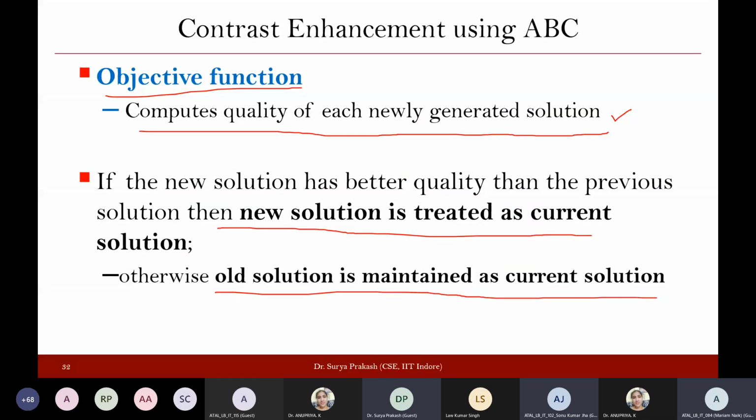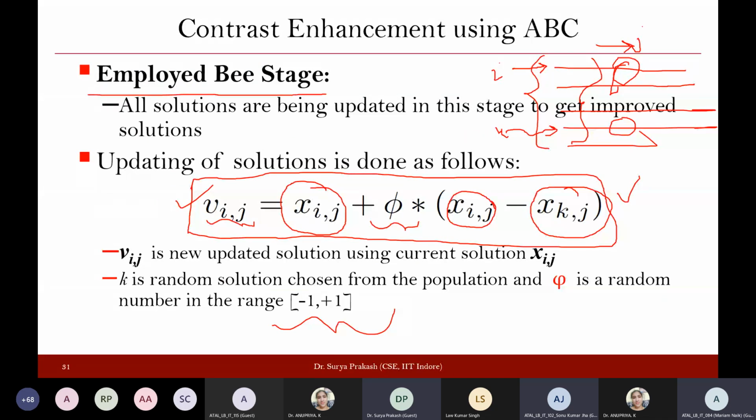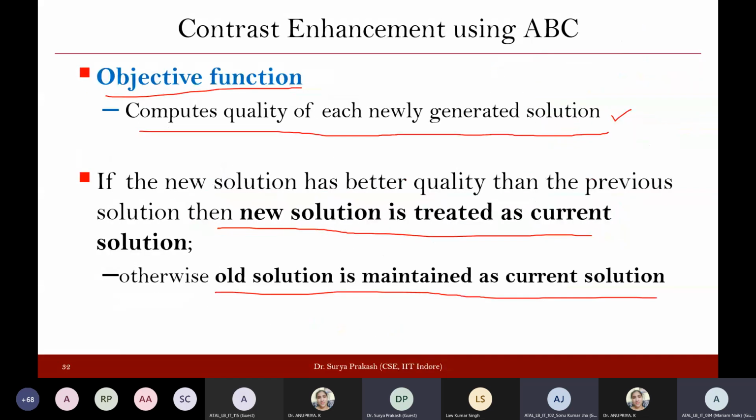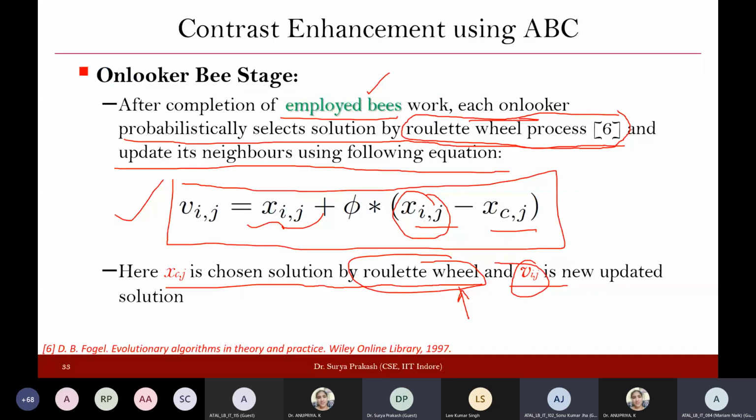When the n employed bees were working, the solution was sometimes improving and sometimes not improving. But here, every onlooker bee will consider a food source and try to improve it, and if it is not able to improve the current food source, it tries again to improve that.